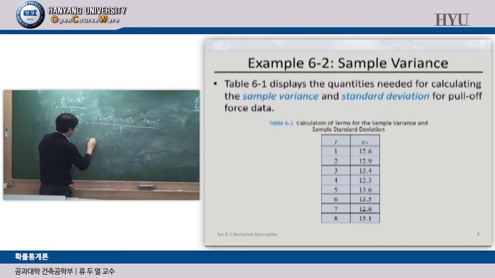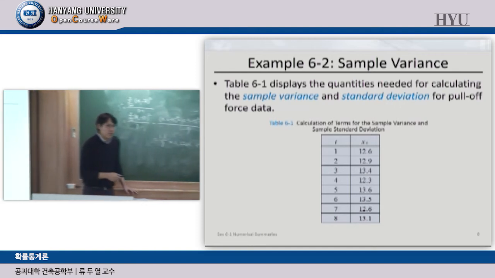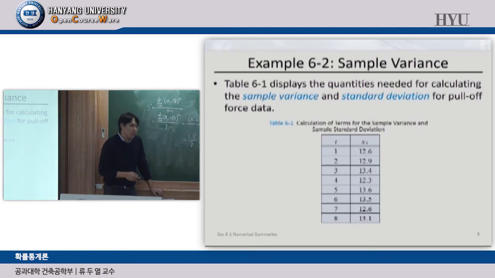And this is equal to 1.6 over 7. So this is equal to 0.2286 pound squared. So this is the sample variance.